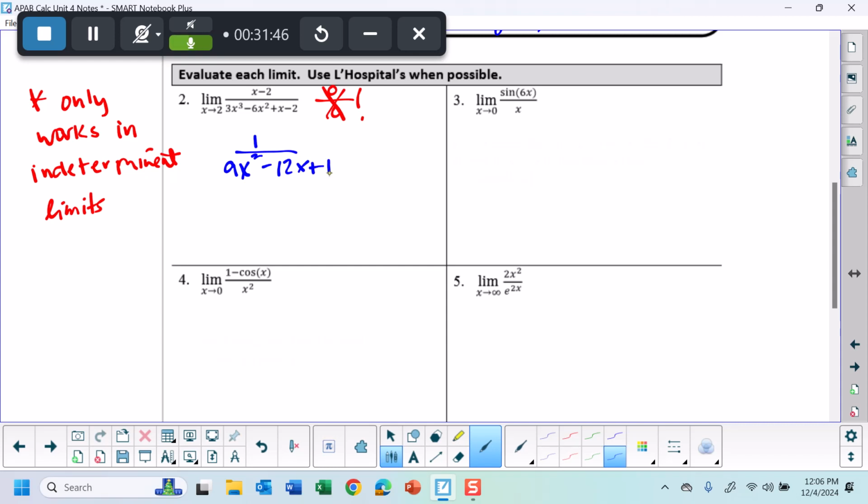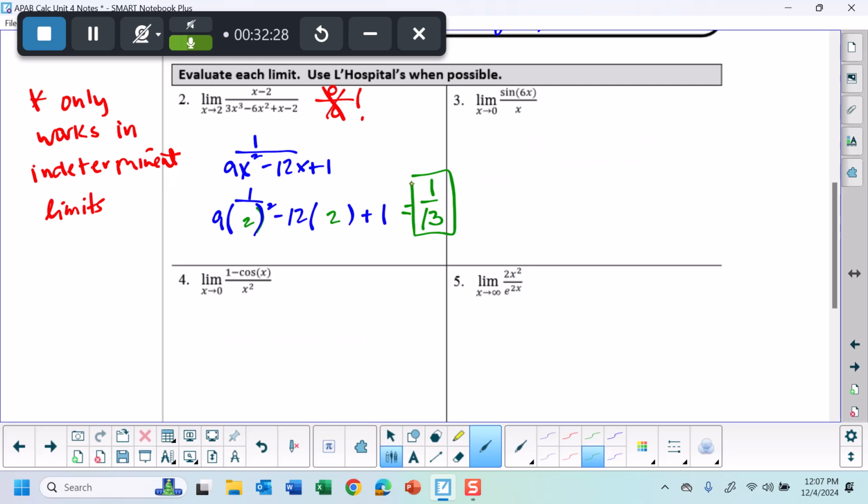And I'm going to go ahead and substitute my value in. So if I have 1 over 9 times 2 squared minus 12 times 2 plus 1, I can recognize that the limit of that function as x approaches 2 is going to be 1 over, what's that, 36 minus 24 plus 1, which is equal to 1 over 13.